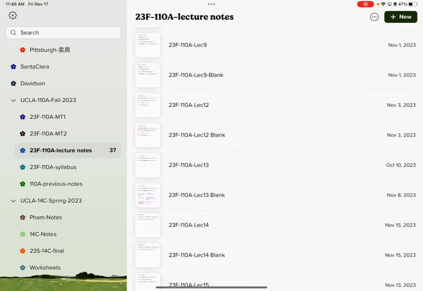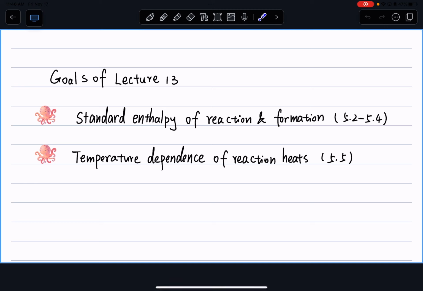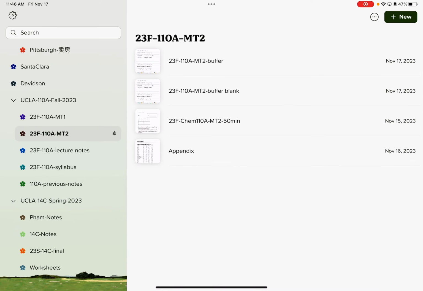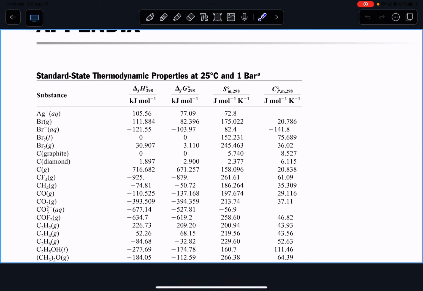All right. And next up is lecture 13. In the rest of chapter 5, I'm just going to summarize it in a few sentences. We're talking about a thermodynamic table. That's what it looks like, right? You want to know, for example, how the heat of formation is being measured. So we spend a lot of time talking about different steps and also calorimetry for you to measure the heat of formation.